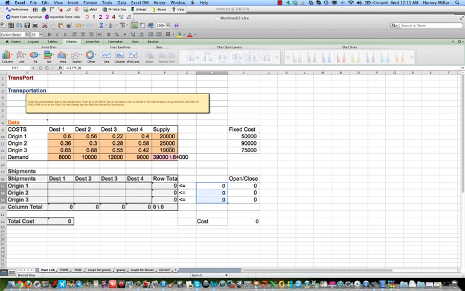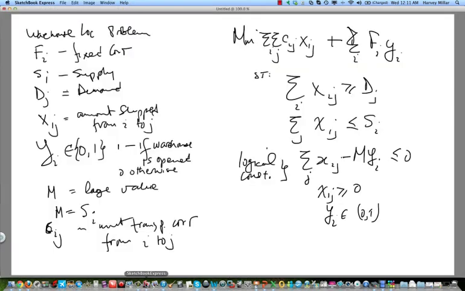If you may recall, from here, I said that I was going to take M as a large value, and that value of M was essentially going to be the supply at the facility. Okay? Because you could never ship more than that quantity out of that facility.